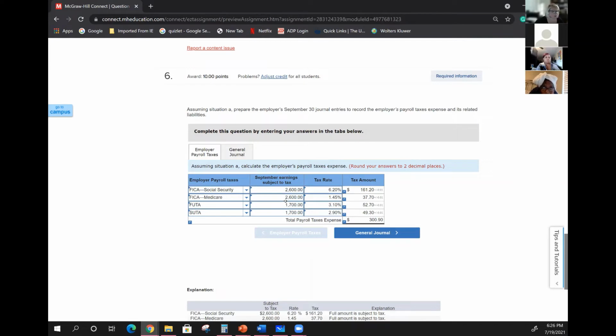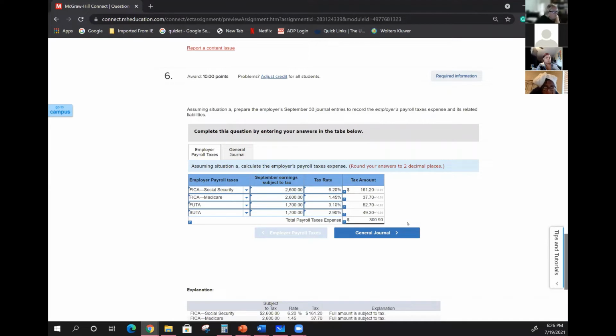So you're withholding the money on the payroll check for the employee's payment, and you're also going to have to set up an expense and a payable that you have to pay, which is the same rates. So we have Social Security and Medicare, and then we also have the unemployment taxes, the 52.70 and the 49.30. And so here's my total expense, 390.